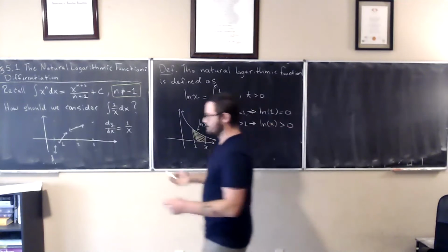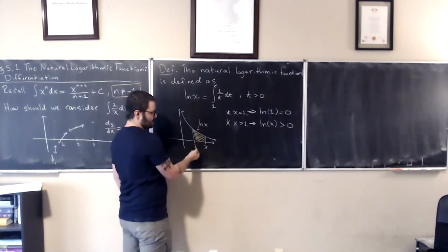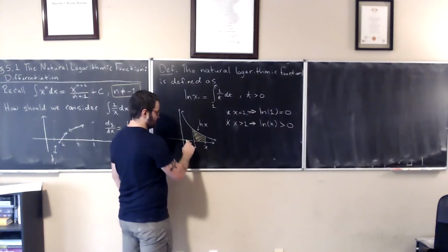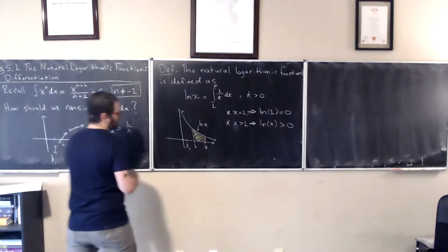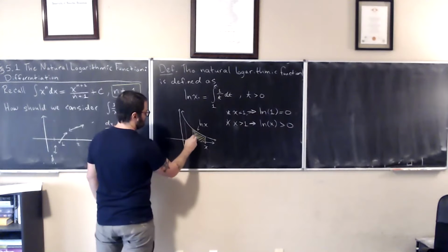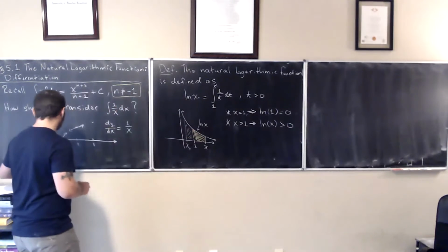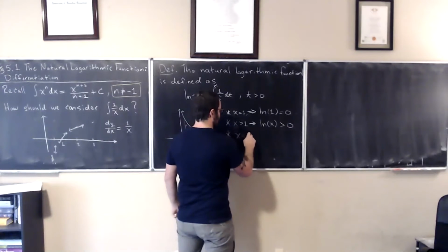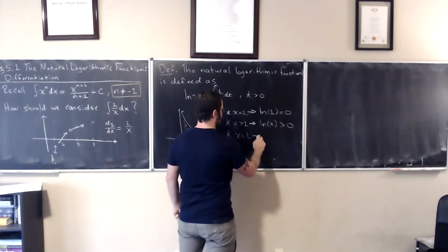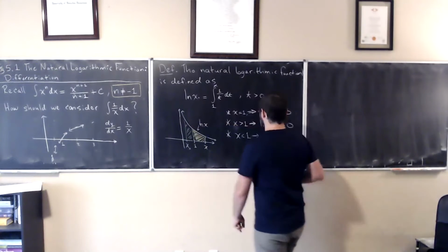But we learned that if we have our limits of integration where the lower limit is greater than the upper limit, so if x goes over here, I'll say x naught maybe, then if x naught is less than 1, that area is going to have a negative in front of the definite integral. So we can also observe that if x is less than 1, then the natural log of x is less than 0.